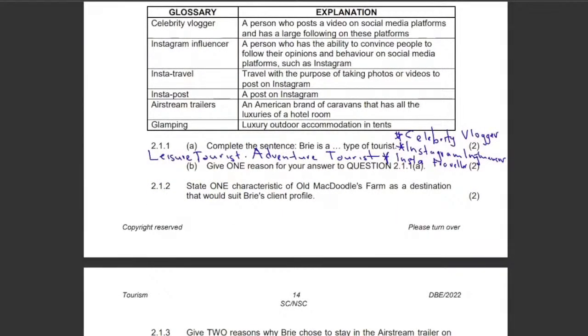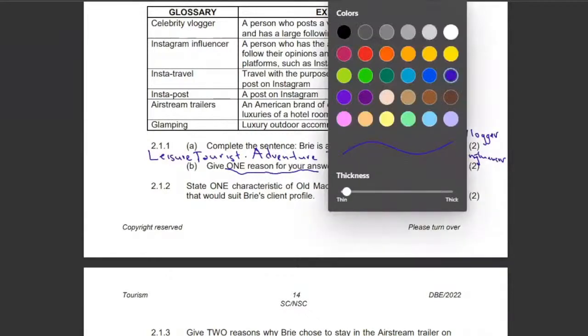Then now let's go to the next question. We need one reason for your answer. Give one particular reason for your answer. All right, there are several reasons which you can give, but for now, we are only going to give one reason for this particular answer.